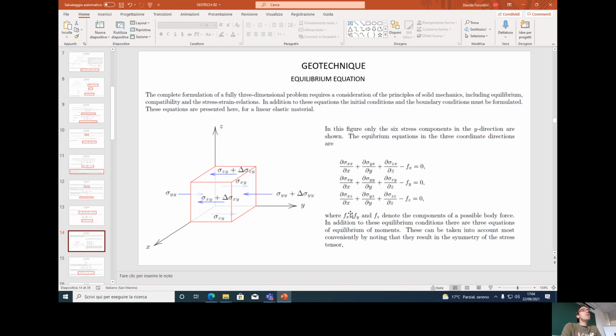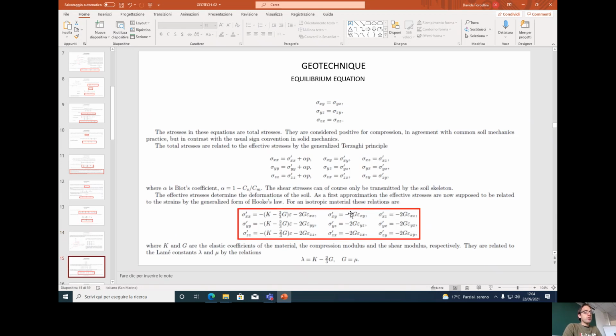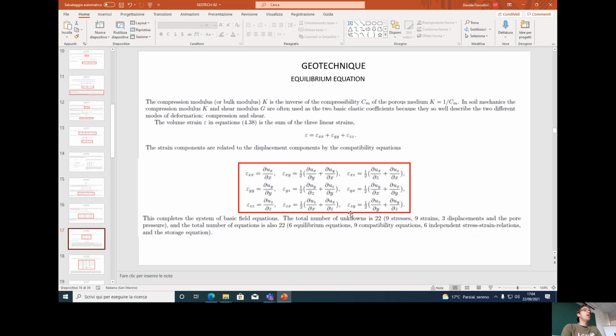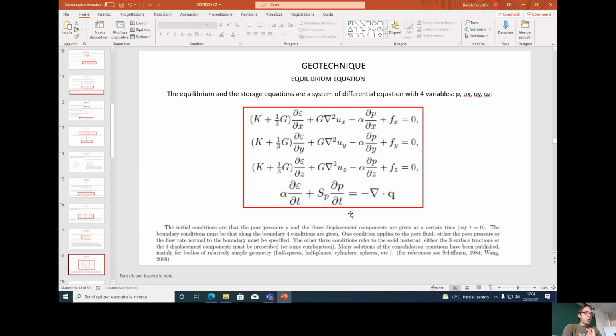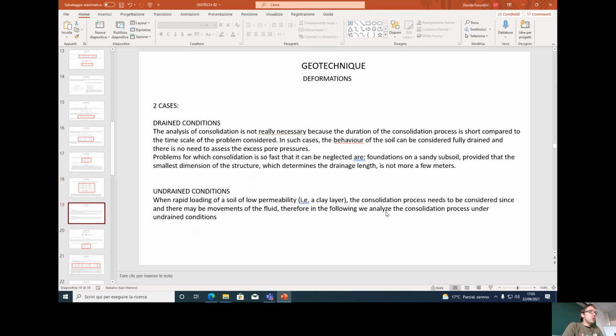Then we rewrote the equilibrium equation, as you know from structural engineering, with the storage equation included. You can see here. And we discussed the fact that we need several components, several variables. Our variables are these four, so 4 variables, and of course we need 4 boundary conditions.